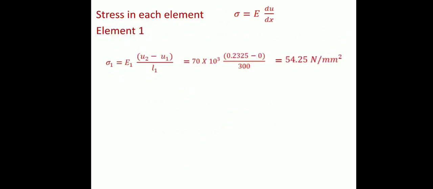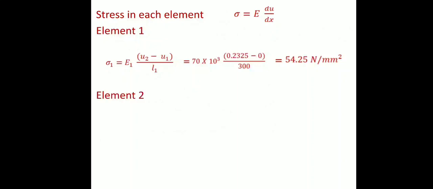So for element 1, the equation can be written as sigma 1 equal to Young's modulus E1 into the final deflection, that is (u2 minus u1) divided by L1. L1 is the length, that is the distance between node 1 and 2. So by substituting values, we find stress as 54.25 Newton per mm square. Since the value is positive, this stress will be tensile stress.